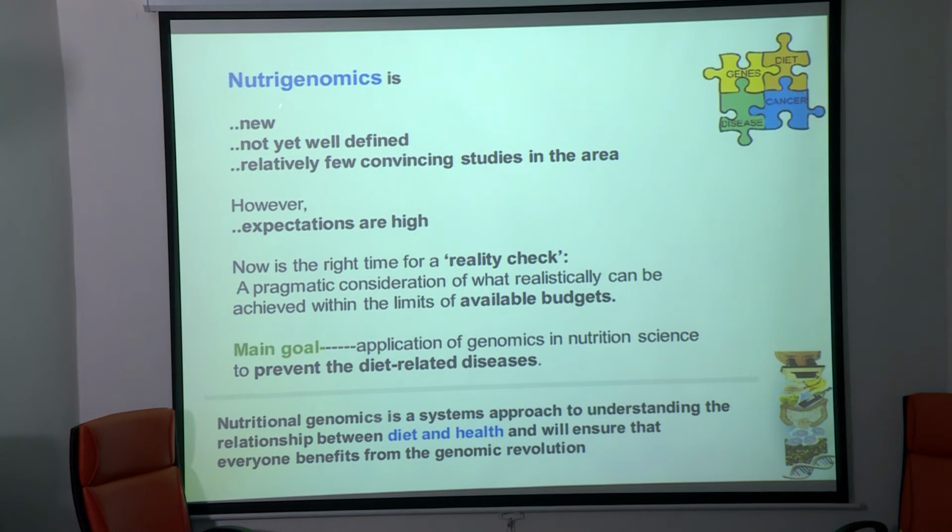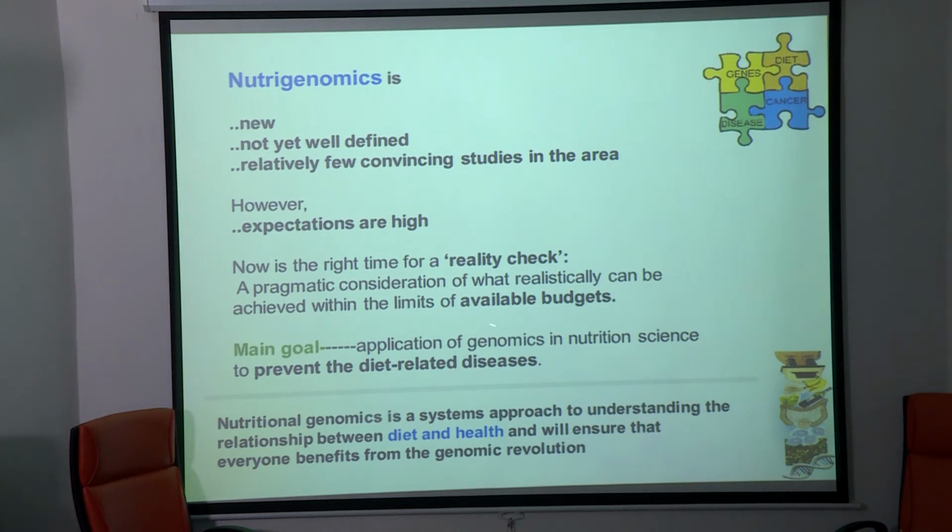So nutrigenomics, although new and not very well defined because very little convincing experimental data has been released, the expectations from this potential science are very high because it is directly related to human health. We need good data to support our studies here.